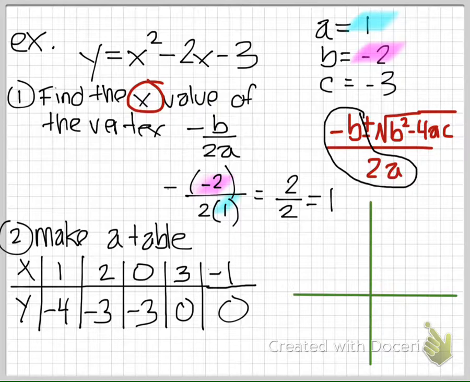I have an x of 1 and then down 4. 1, 2, 3, 4. I know that this is my vertex. I have a 2 and a negative 3. That's another point. I have a 0 and a negative 3. There's another point. I have a 3 and a 0. Be right over here. And then a negative 1 and a 0. There's a point right here.